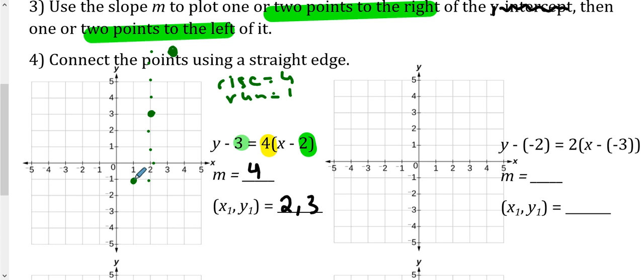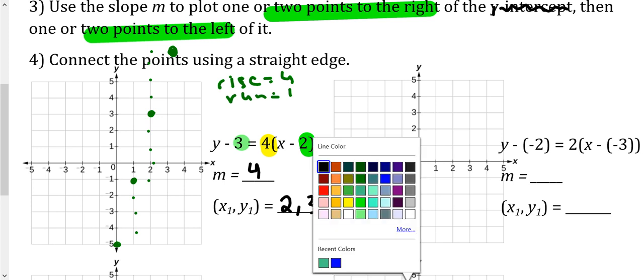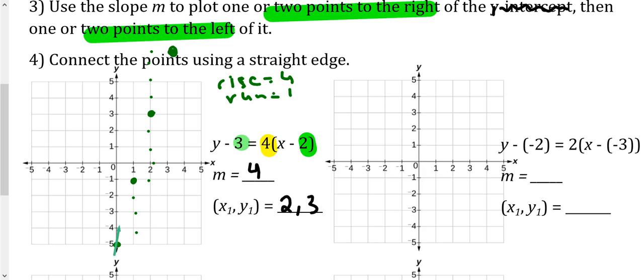And then 1 point left to counteract the fact that we went down. So we'll connect that with a nice straight edge. Draw an arrow to say this is going to go on forever. And we're done. Let's try the next one.